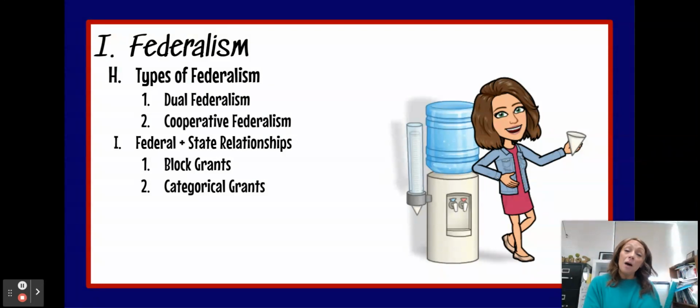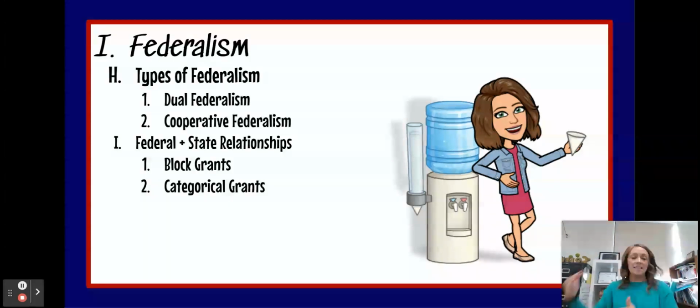The other type of federalism, which is kind of where we are today, is called cooperative federalism. That's when the states and the federal government work together in order to accomplish a goal. If you want a visual of dual and cooperative federalism, think about a cake. Dual federalism is like a layered cake, where each of the layers is separated by icing.